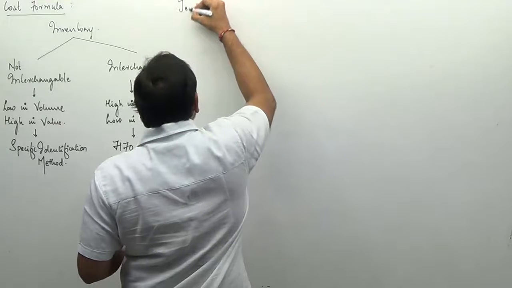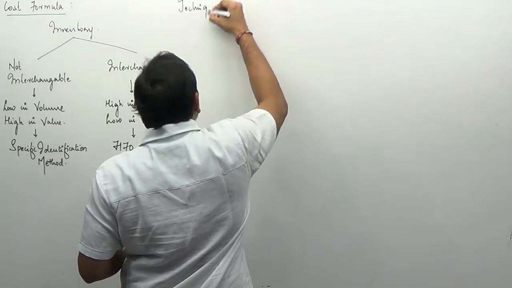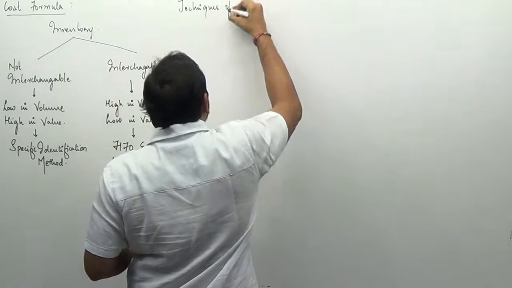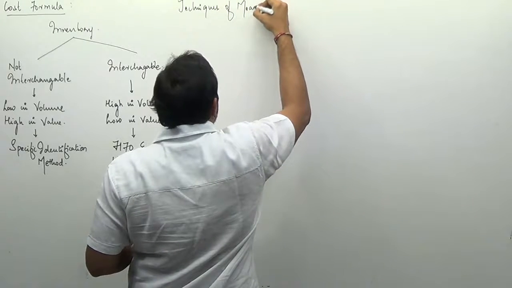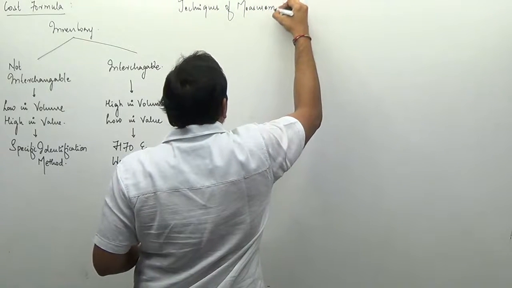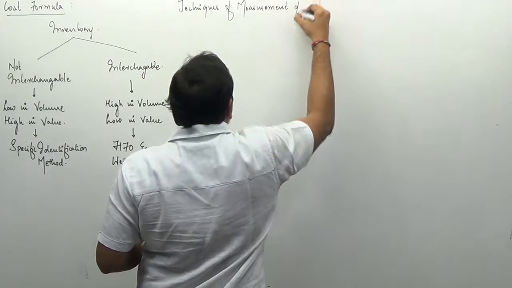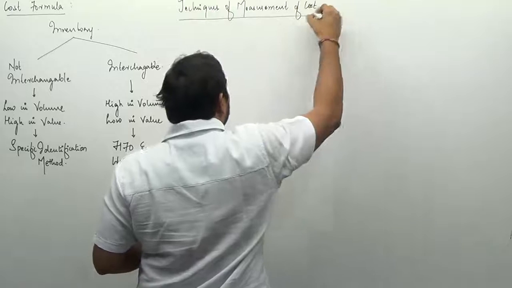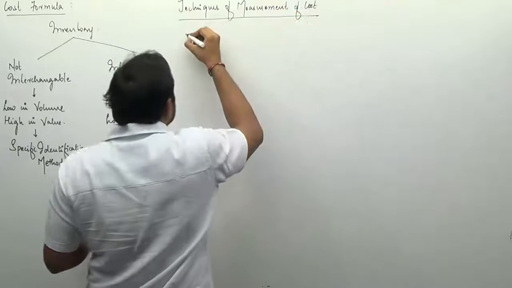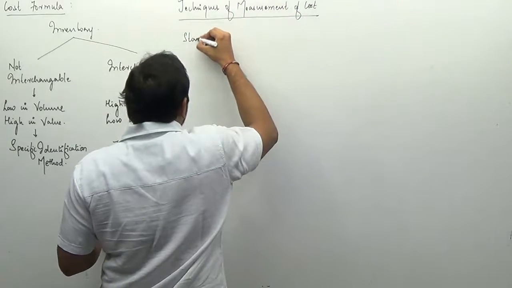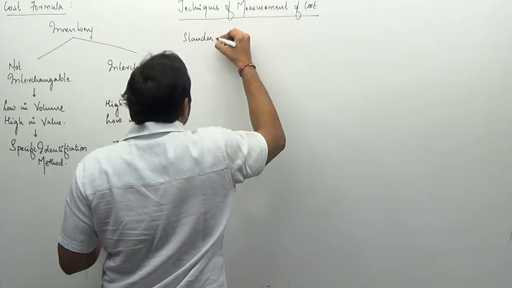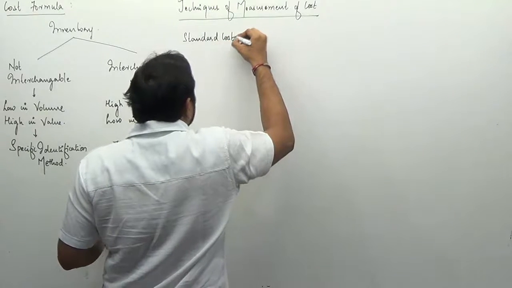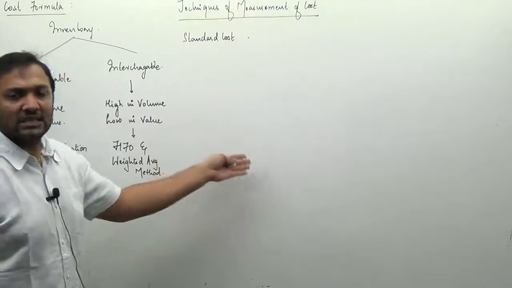Now come to techniques of measurement of cost. I have two techniques for measurement of cost. The first one is standard cost. Standard cost method is what we have just seen.